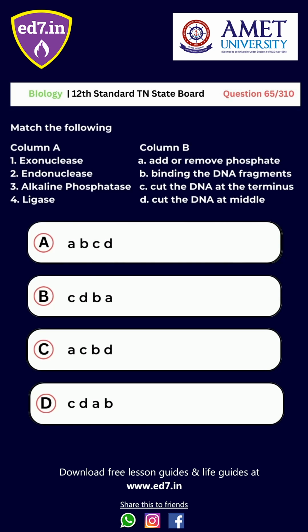C. Cut the DNA at terminus. D. Cut the DNA at middle. The options are option A, ABCD, B, CDBA, C, ACBD, D, CDAB. And the right answer is D, CDAB.